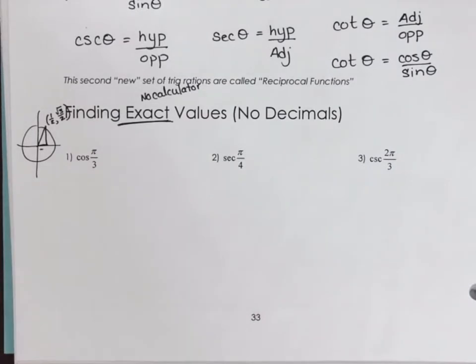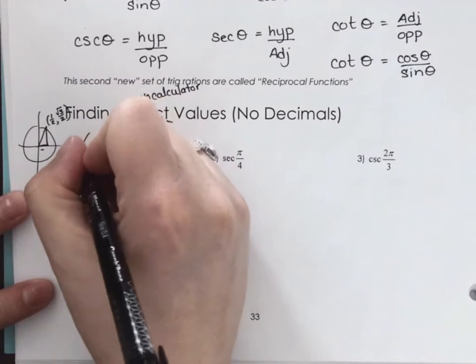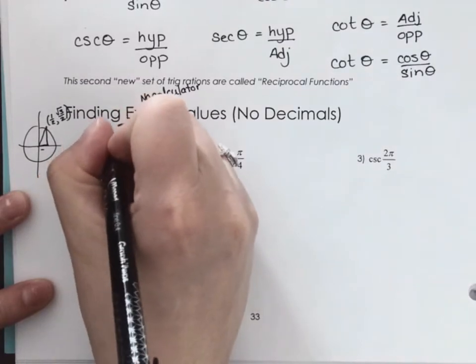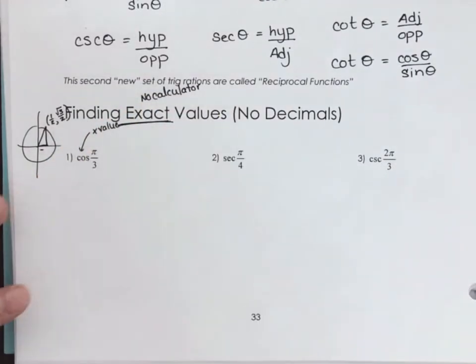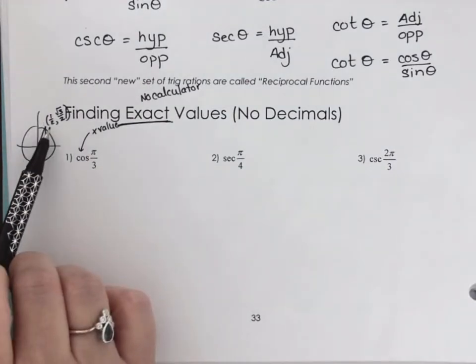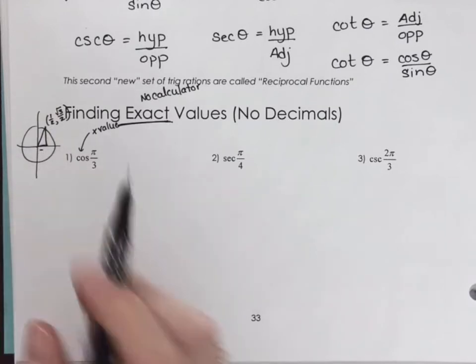So does cosine represent the x value or the y value? X, yep. This is the x value in a coordinate pair. So what's cos of pi over 3? It's right there. The answer is right on the page. 1/2.